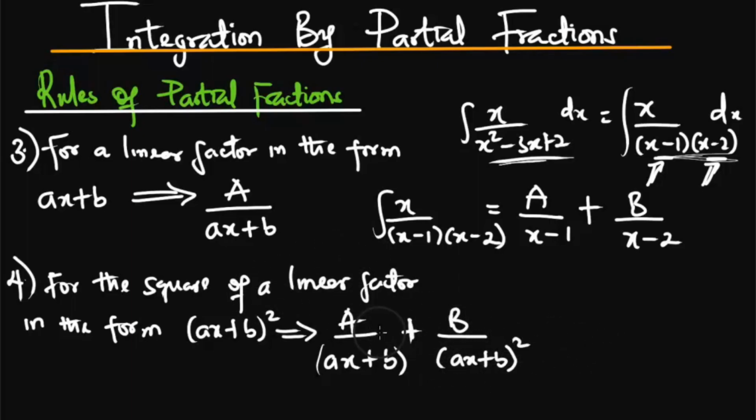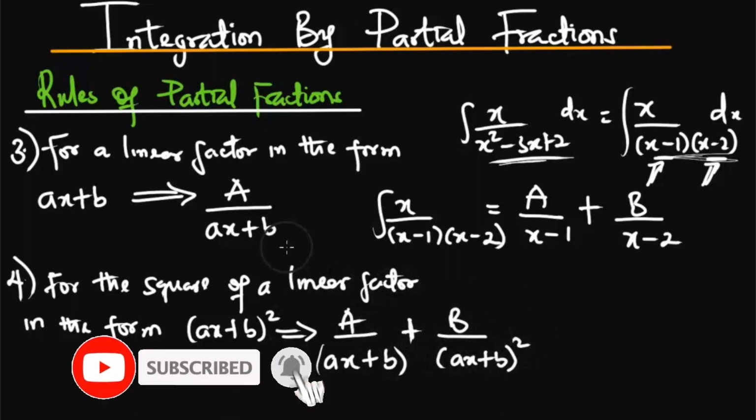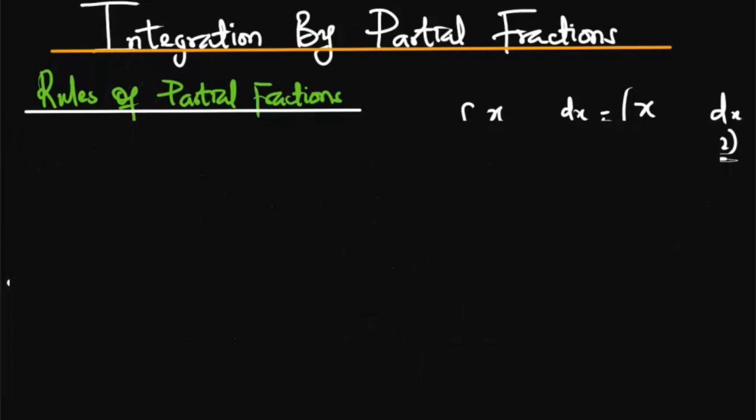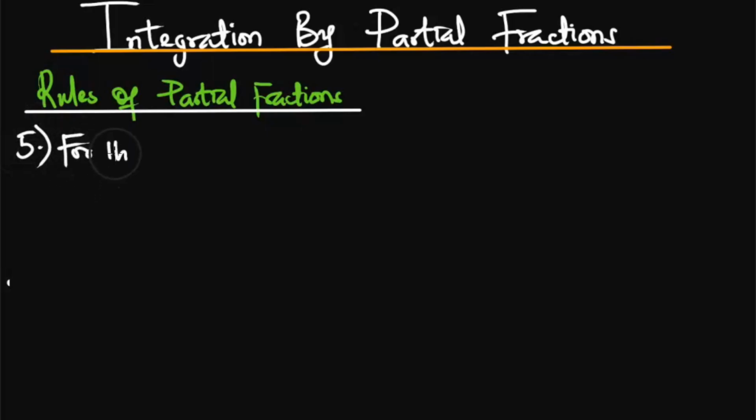Now there is a pattern I'd like to bring out to help you remember these rules. But quickly, let's look at the fifth rule. The fifth rule is very simple as well. For the cube of a linear factor, right, we've done a linear factor, the square of a linear factor.